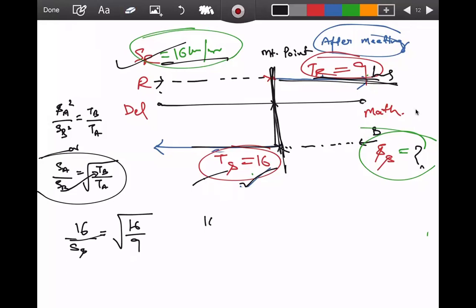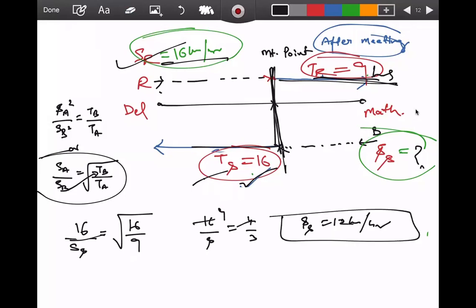So this will be 16 upon S is equal to 4 upon 3. Say speed of Suresh will be 12. सर हम तो टोटल टाइम लेंगे ना जो फॉर्मूला है सर? टोटल टाइम दिया ही नहीं. ओके सर. आफ्टर मीटिंग ही देगा, डायरेक्ट क्वेश्चन आता है. ठीक है सर.